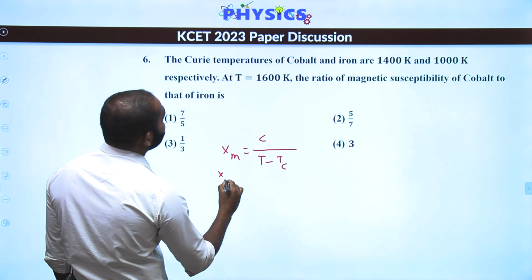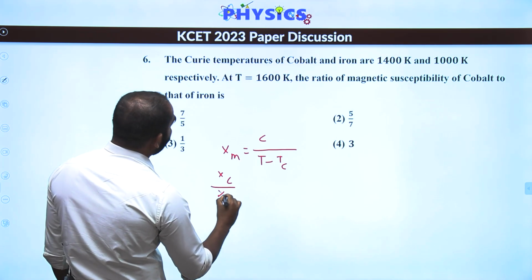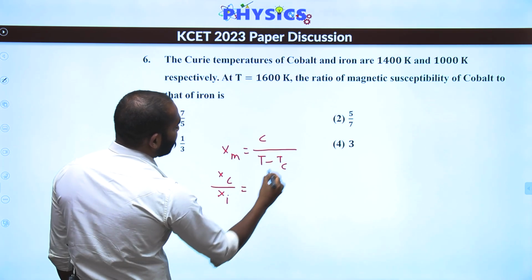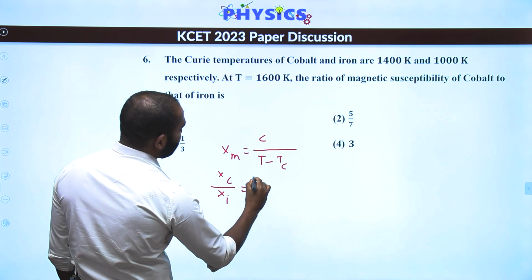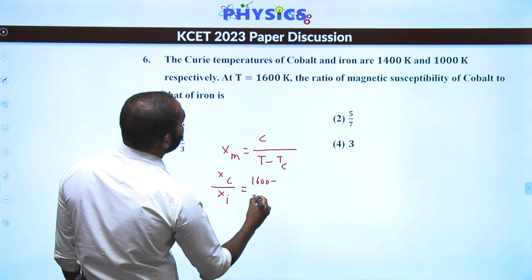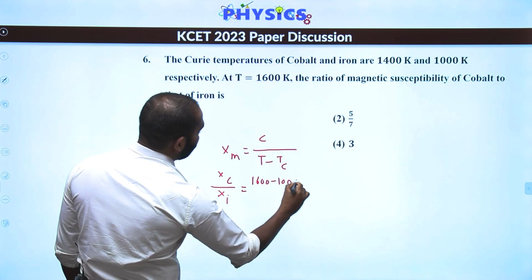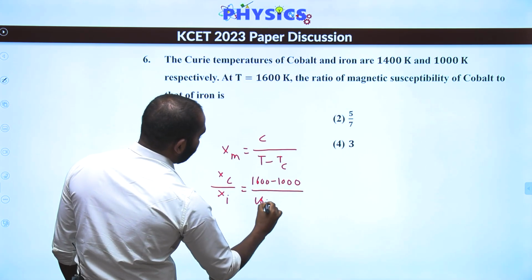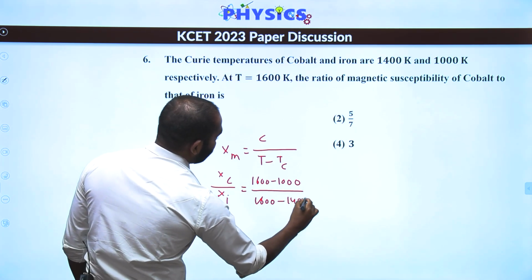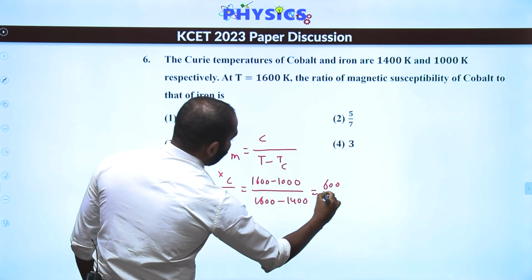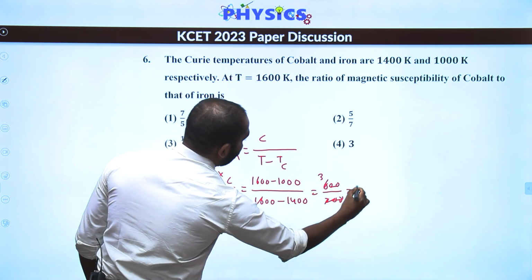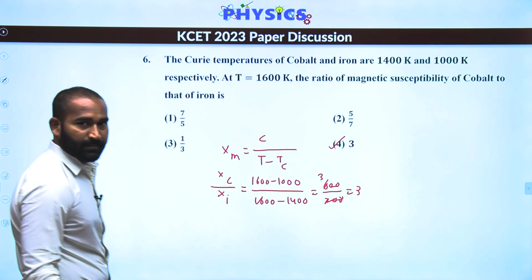So for cobalt, chi_c by chi_iron, it is inversely related to T minus Tc. So 1600 minus, for iron it would be 1000, isn't it? So 1000 upon 1600 minus, for cobalt it is 1400. So this is going to be 600 upon 200, which is going to be 3. So therefore option 3 is correct.